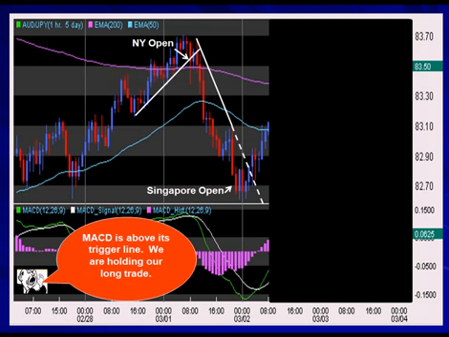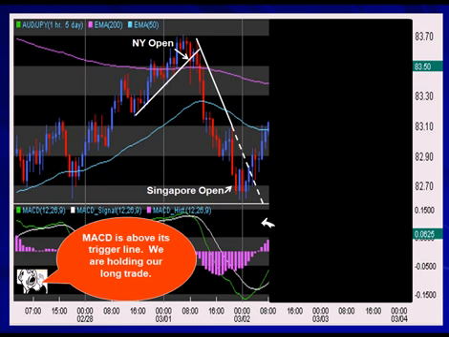Okay, we're long the Aussie Yen. Again, looking at the 1 hour chart here. We went long on March the 2nd. And we're going to hold this trade as long as we have good angle and separation between MACD, or more specifically, as long as MACD is above its trigger line. The common dilemma for traders is when to get into a trade and when to get out of it.